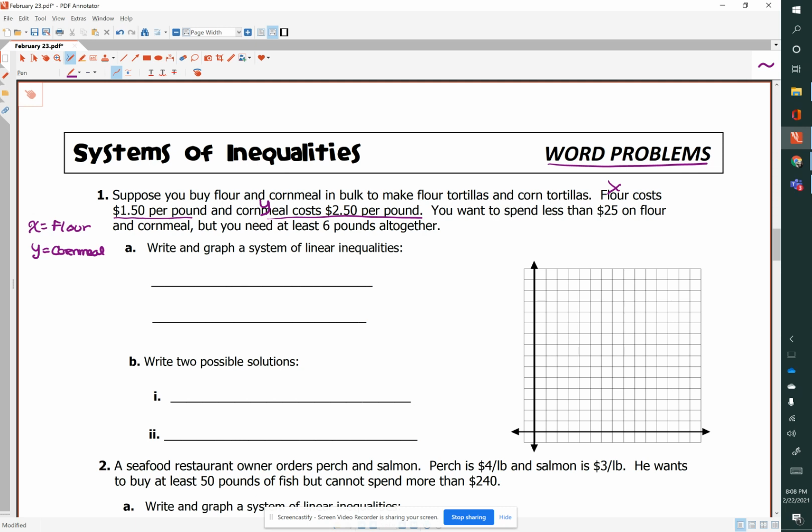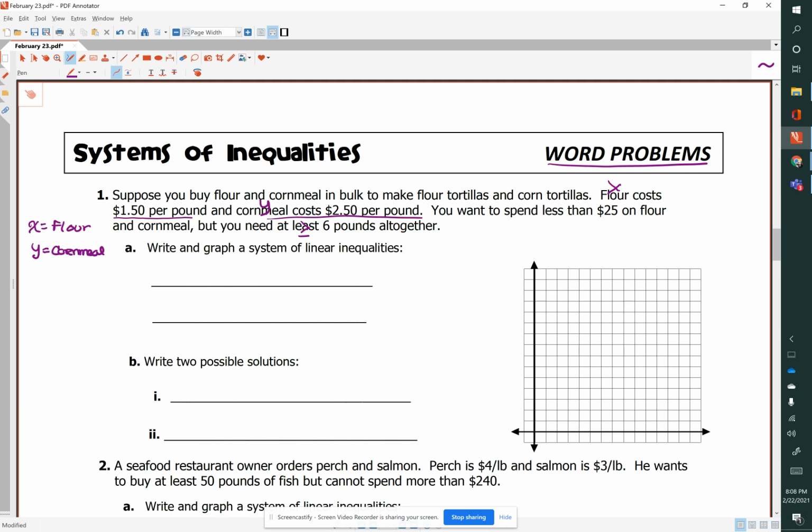Is that $25 going to be okay? Same with you need at least 6 pounds. Well, is 6 pounds going to be okay? If 6 pounds is okay, then we're going to have greater than or equal to. But if it must be more than 6 pounds, it's going to be greater than.